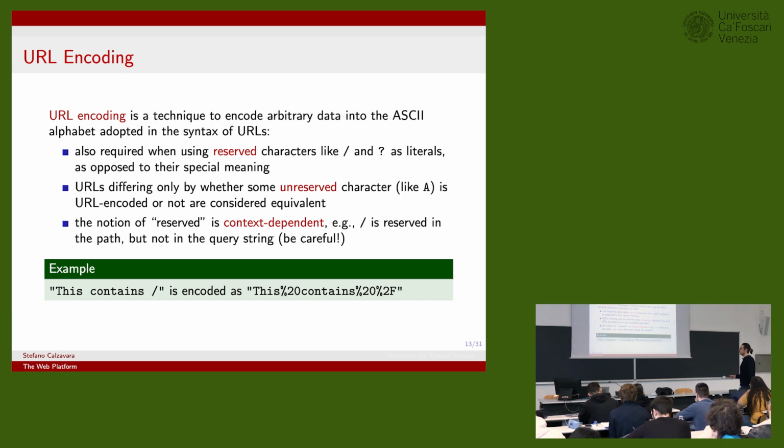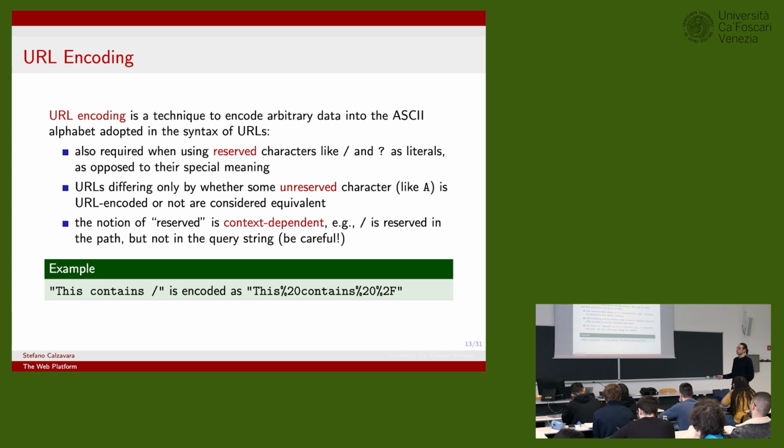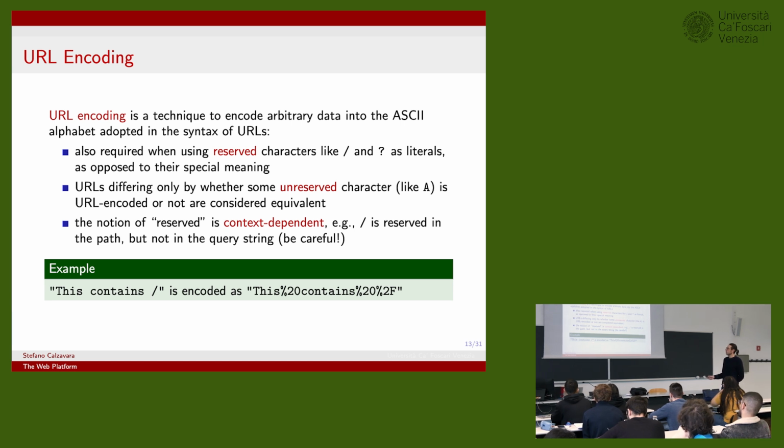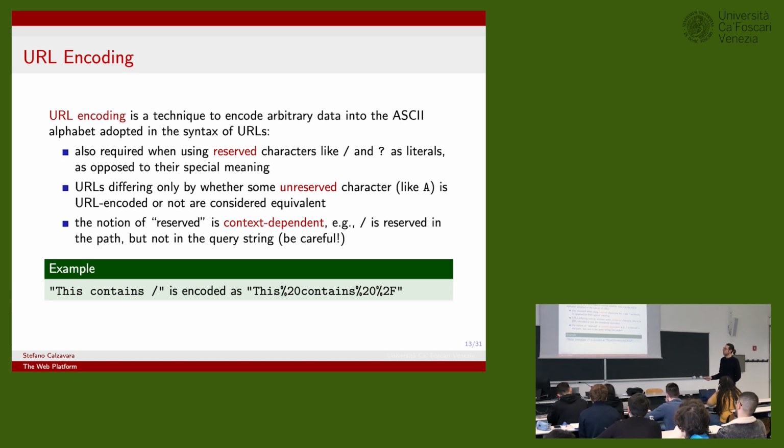Here we see an example of a URL encoding of a string. This string contains some characters which cannot be used in the syntax of a URL. The characters are the white space and the slash. And if you encode that, you will see this representation.